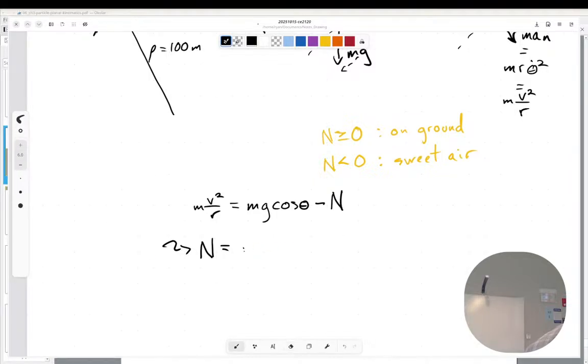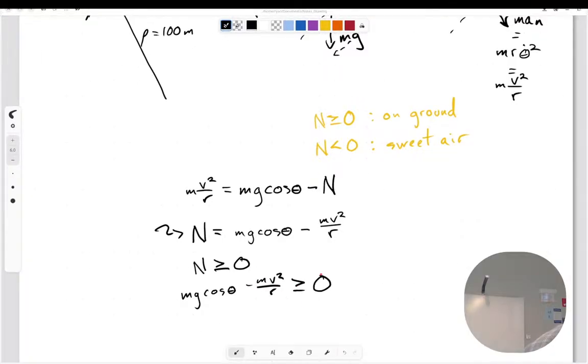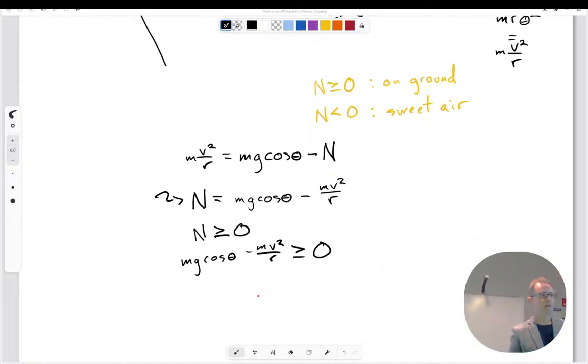It is mg cosine theta minus mv squared over r. I want n to be more than or equal to 0. So therefore, the thing that I just said n is equal to has to be more than or equal to 0.